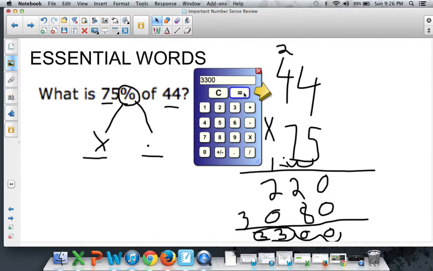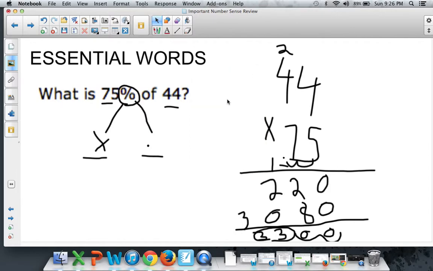Alright, for some reason it didn't do the decimal point the way it was supposed to. Like it just didn't put it in. But you can see that 3300 is the answer that we got down here. And we know that we had to jump twice in our final answer. And we have to jump twice on this thing too to get 33. Hey, we learned something. That calculator's garbage. Use your own calculator at home.